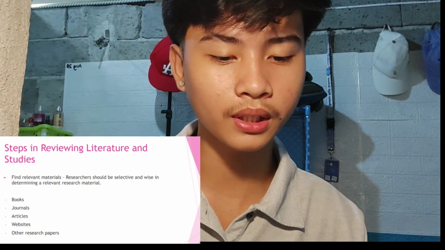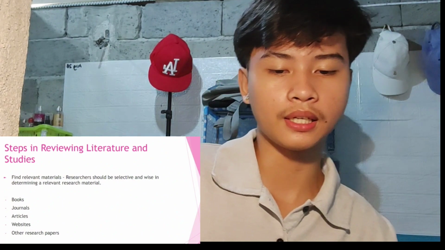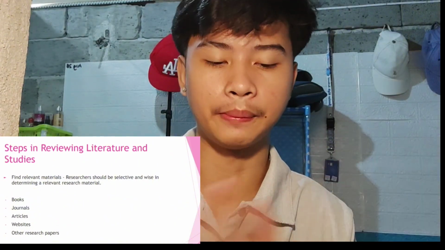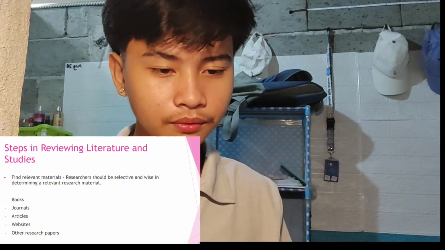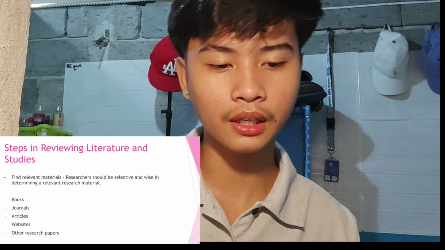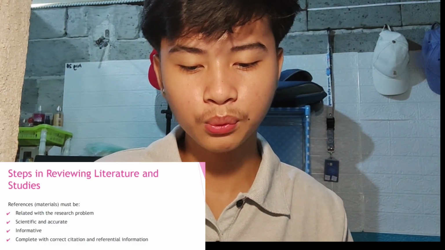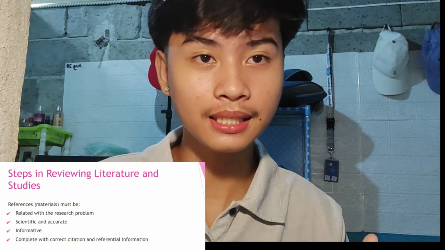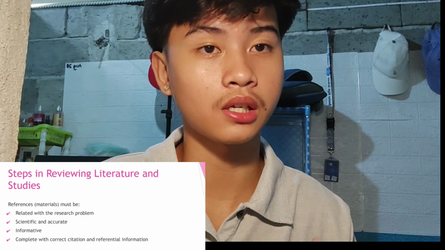So, what are those research materials? These are books, journals, articles, websites, and other research papers. And if you have those research materials, they must be related to the research problem, scientific and accurate, informative, and lastly, complete with correct citation and referential information.